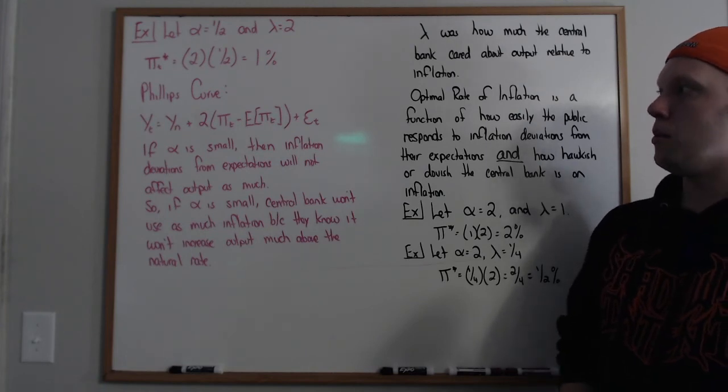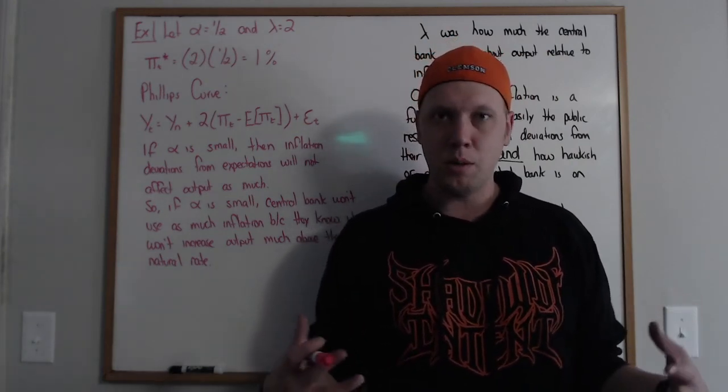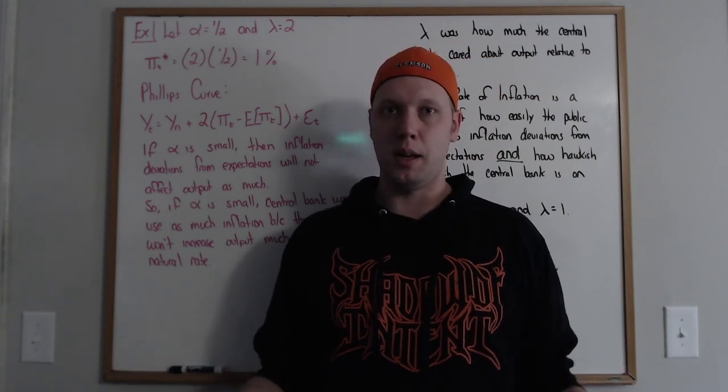So that will wrap up this part of the lecture. I just wanted to get some of the intuition and explain exactly what these coefficients meant when it came to why the central bank is optimizing the way that they are.